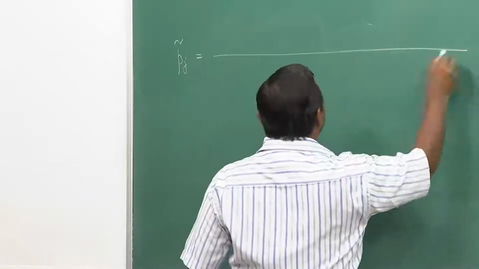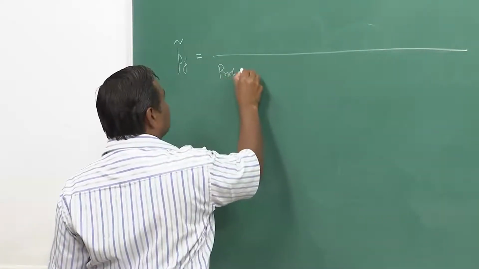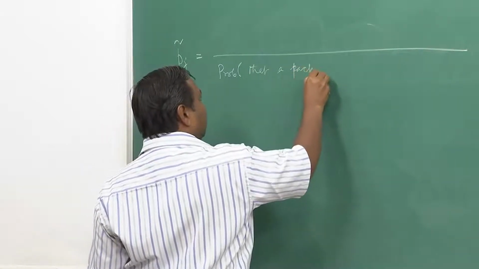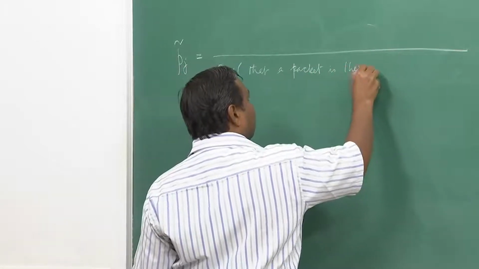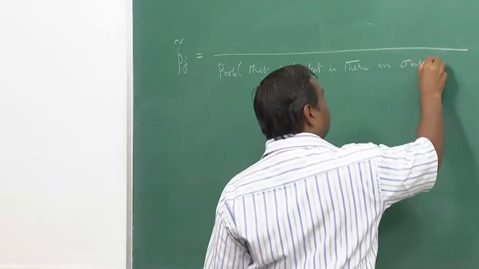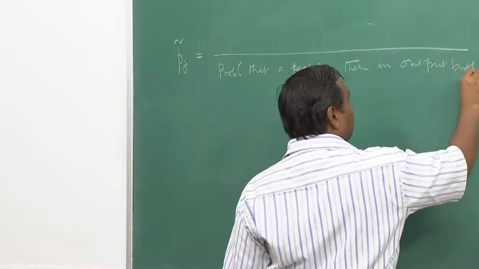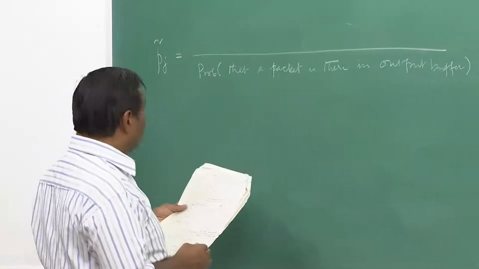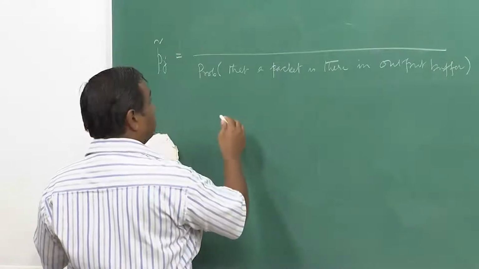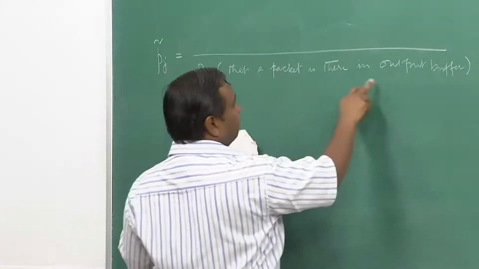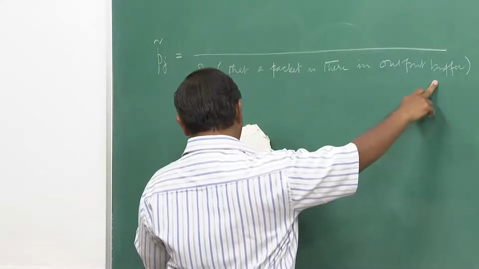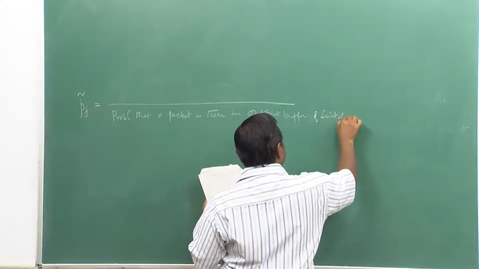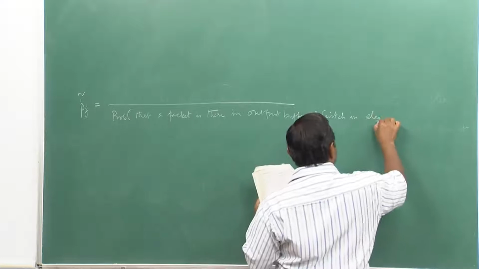So, I need to find out first of all the probability, because it is a conditional probability, that a packet is there in the output buffer of the switch in stage j, after step 1.